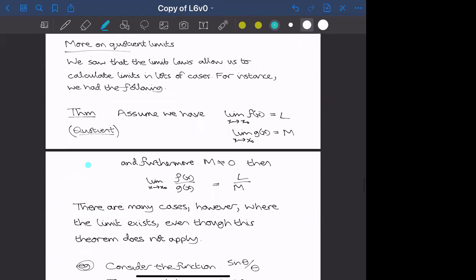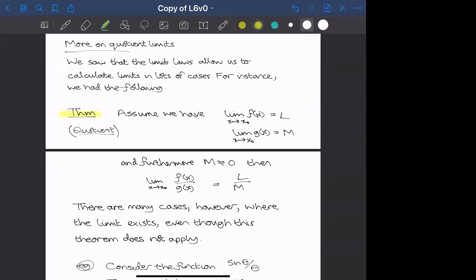Okay, so now we start to see why it's important to build this theory. And that's because many limits are hard to calculate. So the limit laws allow us to calculate limits in lots of cases. We saw last time polynomials, quotients of polynomials. And we use this theorem.